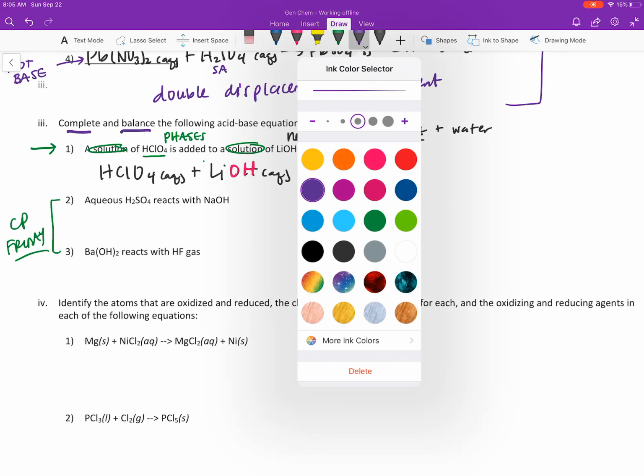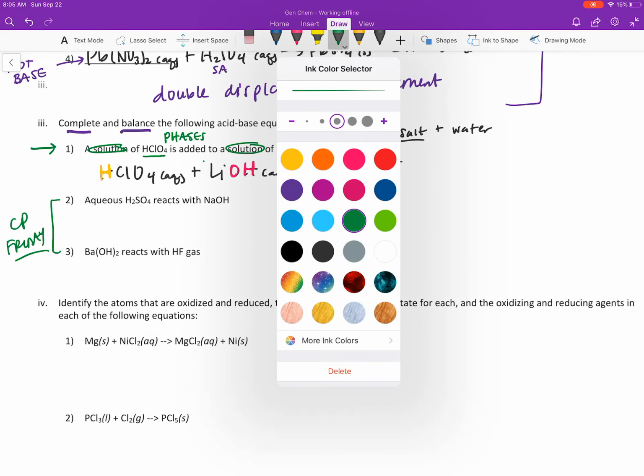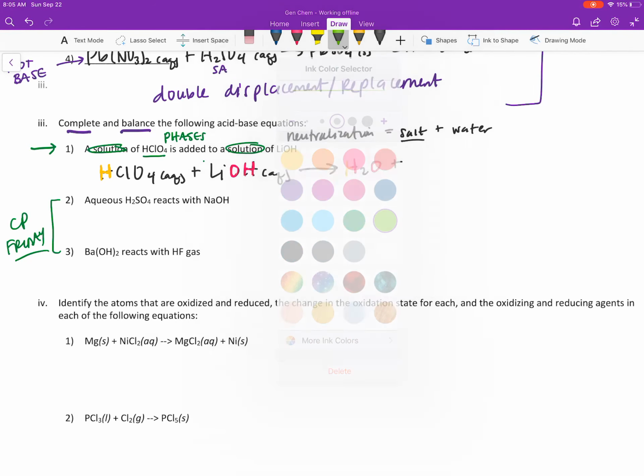The other hydrogen comes from my acid. So acids are proton donors, bases are OH donors, or we can think of them as being OH acceptors, I guess.